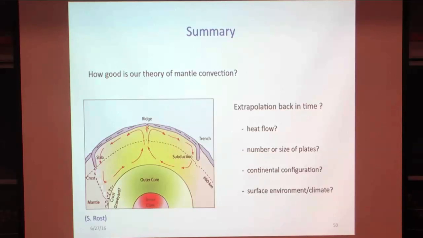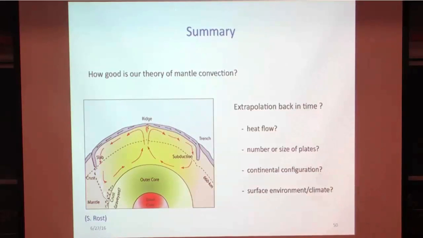Analytical treatments and mathematical treatments of those equations typically involve approximations so that they become more treatable mathematically. If we would like to extrapolate back in time, this is sort of what I skipped. We have some challenges to explain constraints on heat flow and the temperature in the past. We haven't said anything about boundary conditions yet in our treatment of boundary layers, in particular the size of plates.